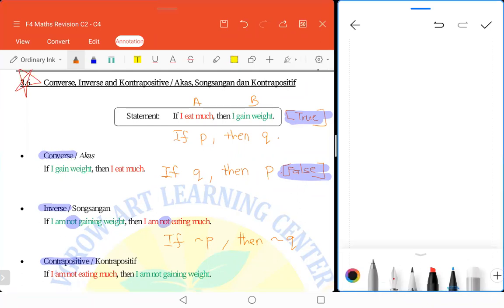Okay, I give you some examples in maths. If x equals 3, then x cubed is 27. If x equals 3, then x cubed equals 27.